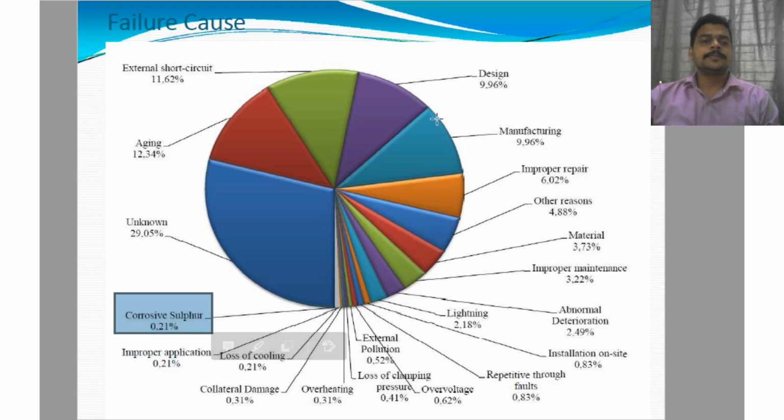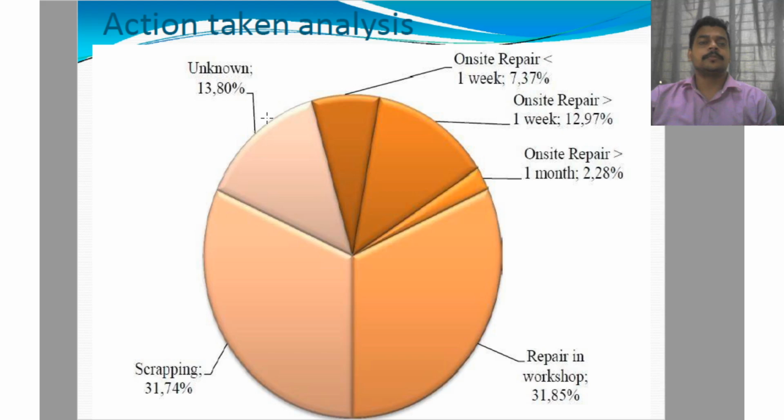So this pie chart explains the exact picture of the percentage which results in the failure of a transformer.